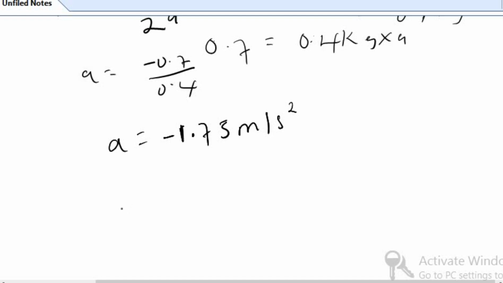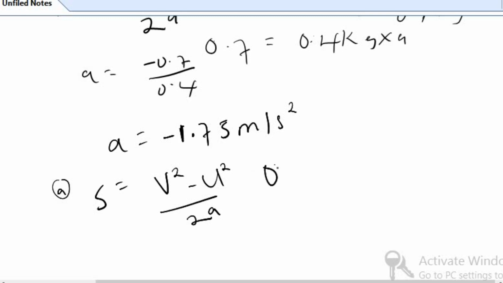This is our a. So we go back to our formula to calculate the distance for A. Therefore s is equal to v square minus u square over 2a, and the final velocity is 0.